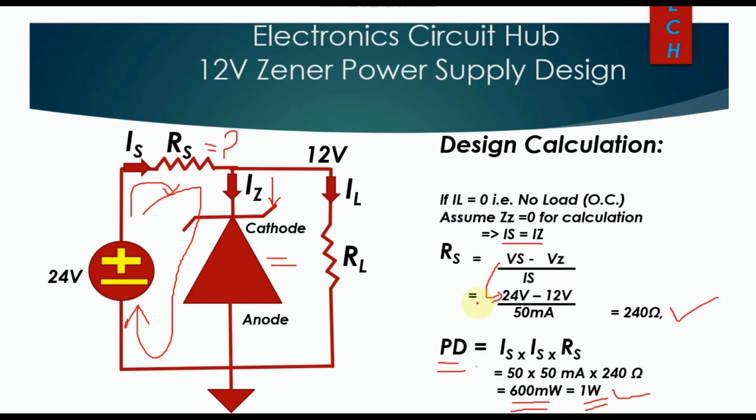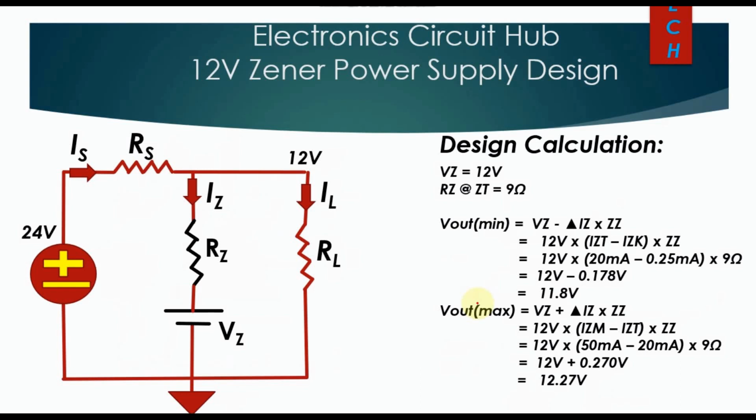You understood the concept. Now I will show you the role of Zener impedance and how it impacts the output voltage. So I have replaced the Zener diode by its equivalent circuit. Now the Rz comes into the picture, and this is the Zener voltage.